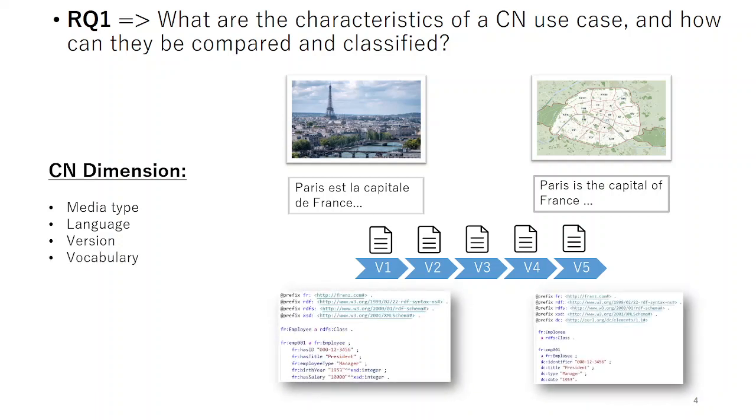Also, if we have the same media type, for example here a turtle media type describing this resource, we could use different vocabularies. So we would want to negotiate a specific vocabulary, etc.